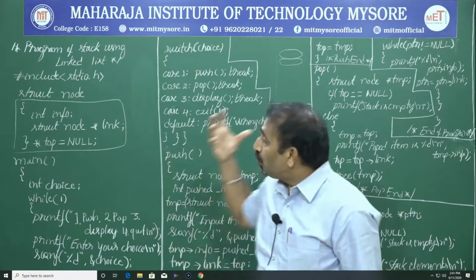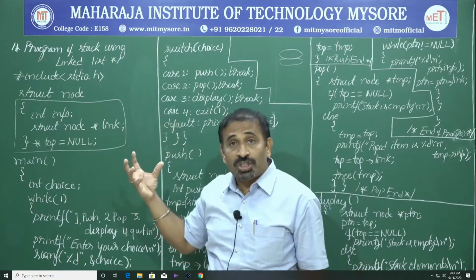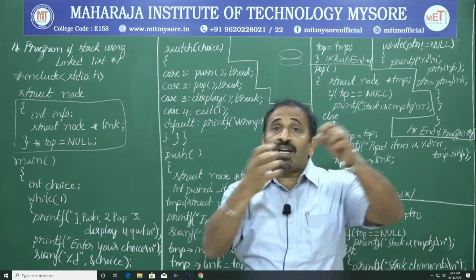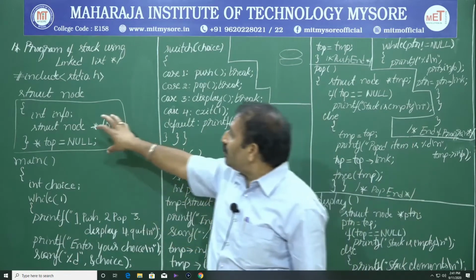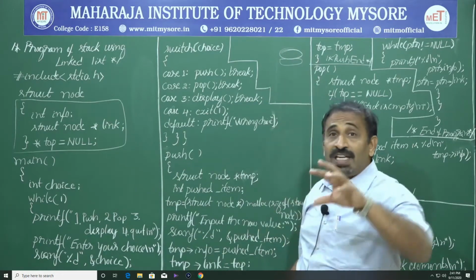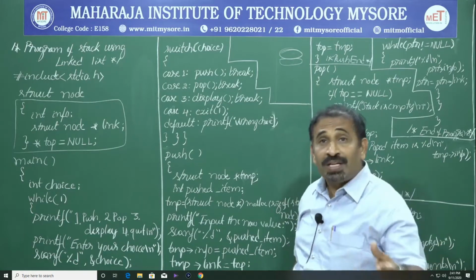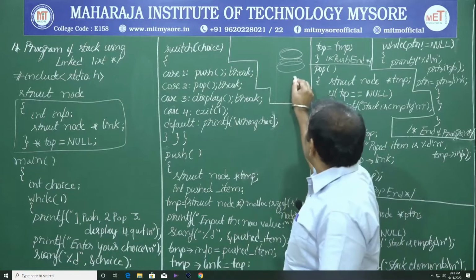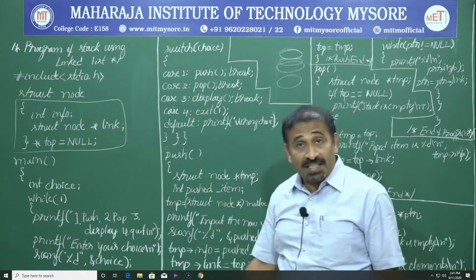So you need to create a structure in such a way that they are connected. Once you create one node, I should create a facility for storing the address of the next node, the address of the third node. So they are connected.